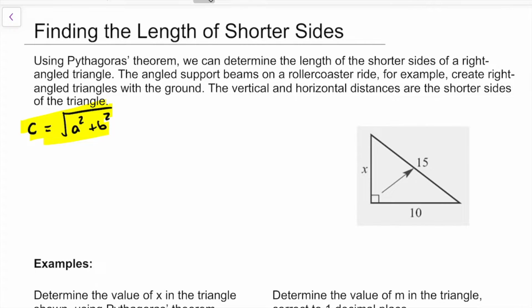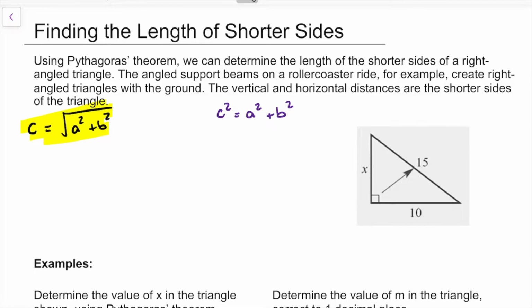In order to find a short side, we have to do a little bit of rearranging of our original formula. So if our original formula is c squared equals a squared plus b squared, but we want to find one of the short sides, we need to fling things around a little bit.